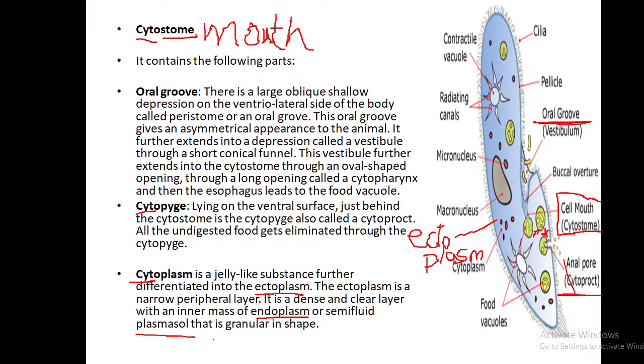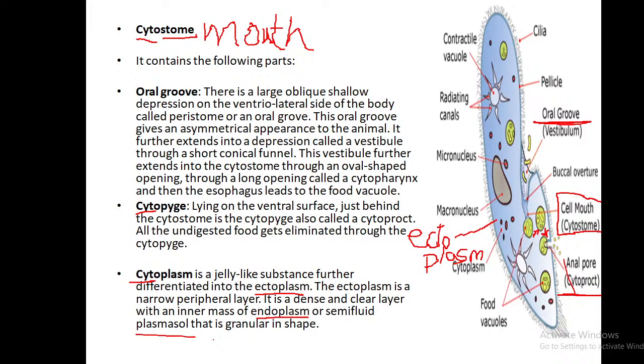So in this slide, the points discussed in the previous slide were the outer pellicle and cilia. Next is about the cytostome. Cytostome is simply the mouth of the Paramecium. We can divide the mouth into two parts. That is the oral groove. It's through the oral groove that the amoeba or the food particle will enter into the body of the Paramecium.